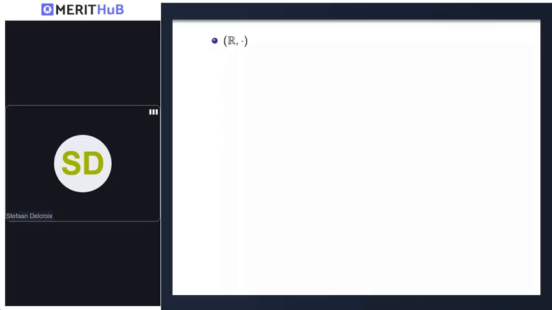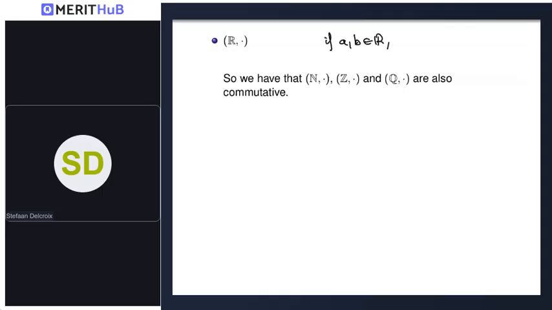Let's have a look at multiplication. Again, the same thing for the real numbers. If a and b are real numbers, is a times b equal to b times a? The answer is yes, but it is an axiom. So the real numbers under multiplication are commutative.